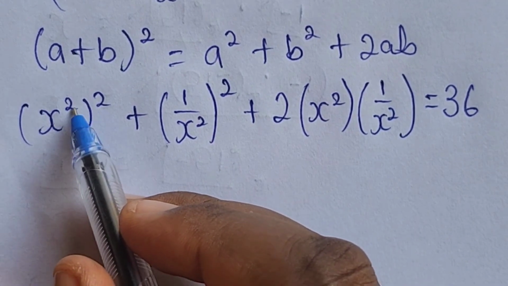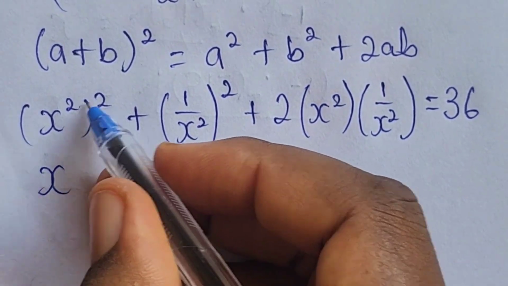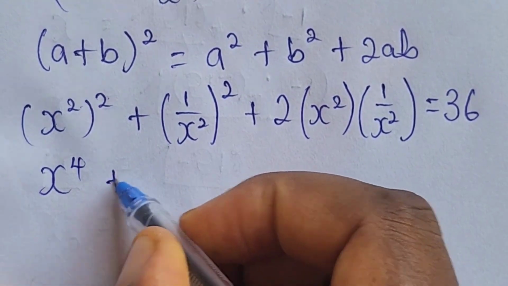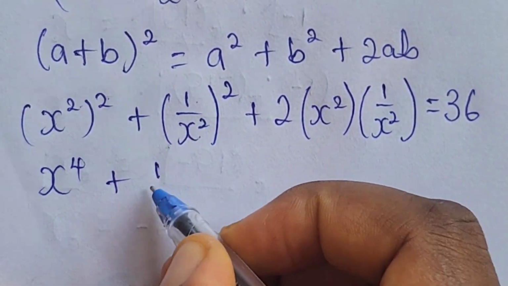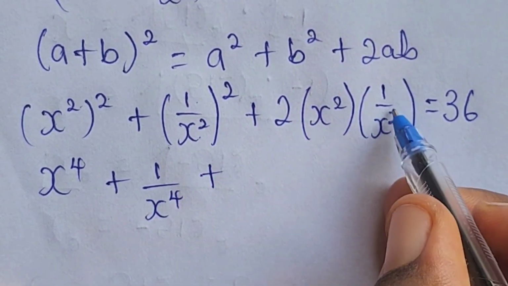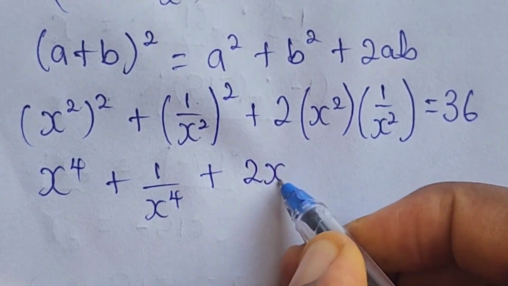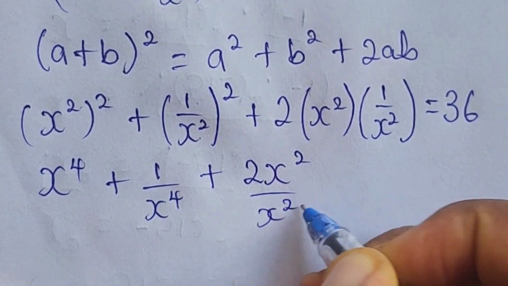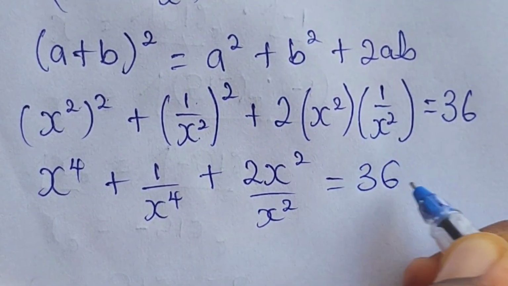So here x to the power of 2, we have x, 2 times 2 is 4, plus we have 1 over x squared, which will give us 1 over x to the power of 4, plus multiplying this, we have 2x squared over x squared, and is equal to 36.